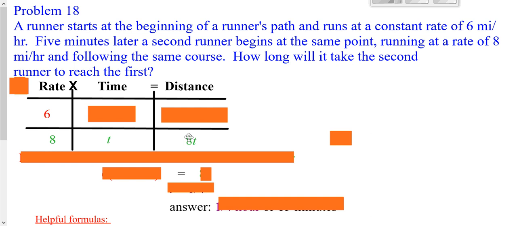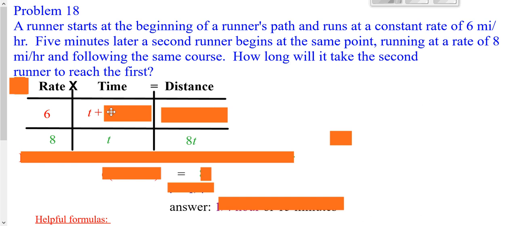Now, we know that the first runner started out 5 minutes earlier. So they're running an additional 5 minutes compared to our second runner. So the time of the first person is going to be that time plus that 5 minutes. But we're not going to go plus 5 because that's minutes, and our rate's in miles per hour.